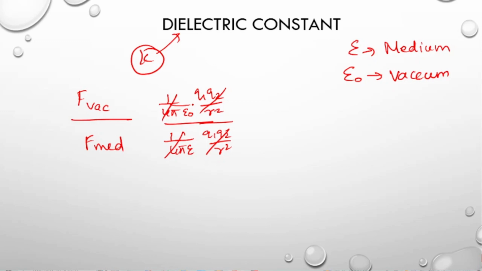This is your force in vacuum per force in medium. So force in vacuum by force in medium will be equal to epsilon by epsilon naught. This can be written as K. K is equal to epsilon by epsilon naught. So K is your dielectric constant. Clear? Any doubt? Right.